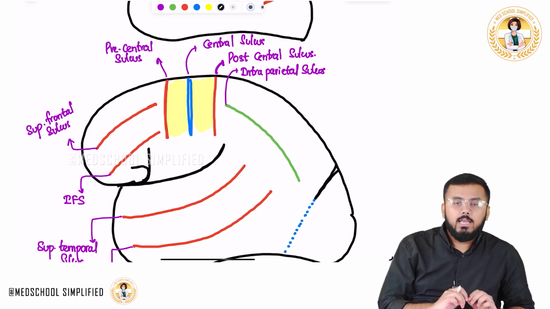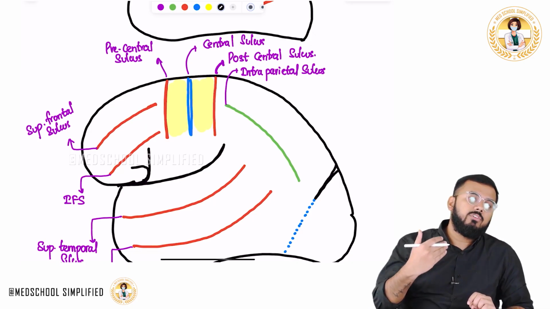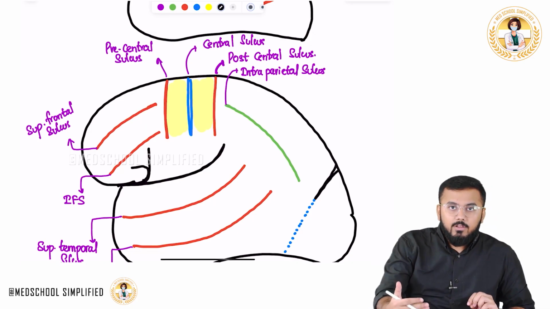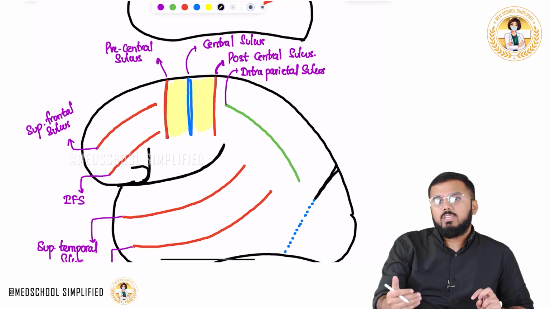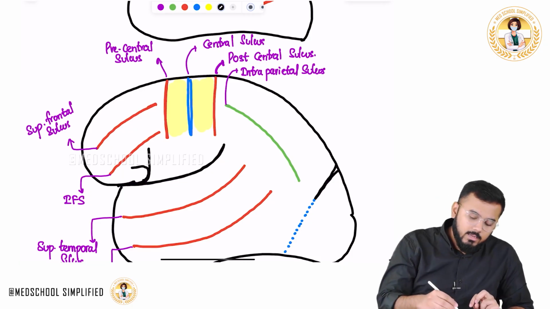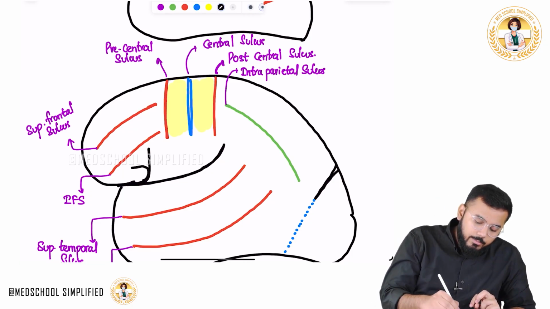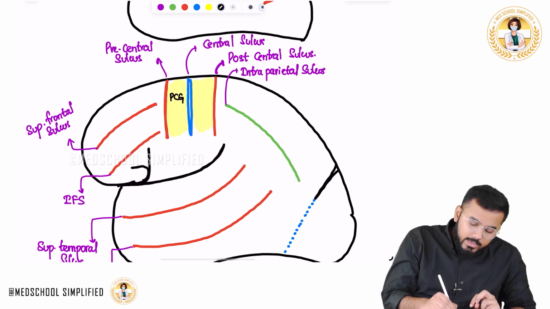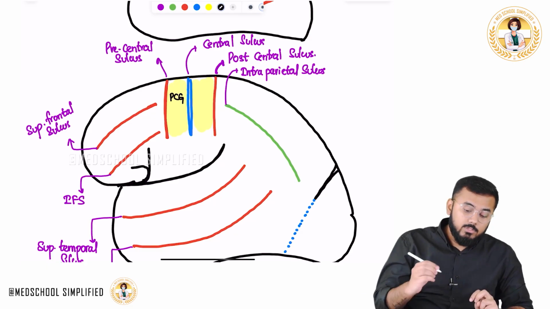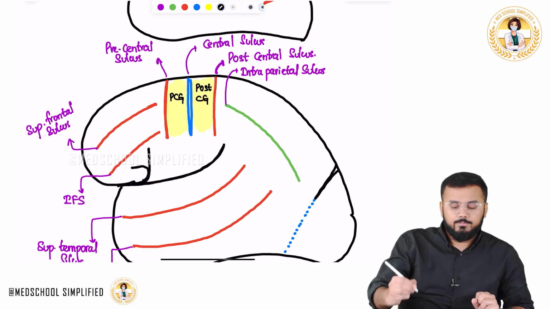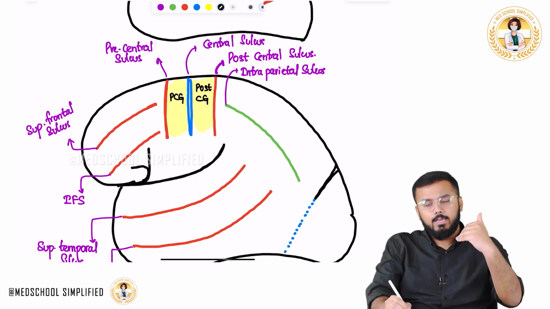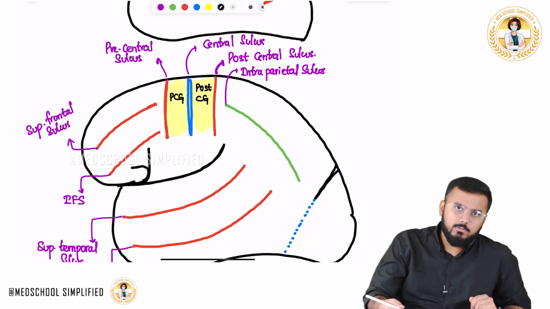So what is this gyrus? The gyrus located in front of the central sulcus, can I call this the precentral gyrus, right? So this is called the precentral gyrus. If this is the precentral gyrus, the back one should be called the postcentral gyrus. One is called the precentral gyrus, another one is called the postcentral gyrus.